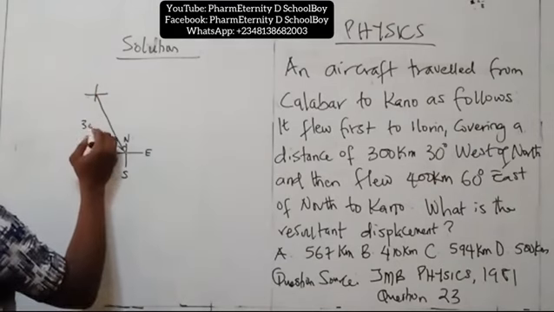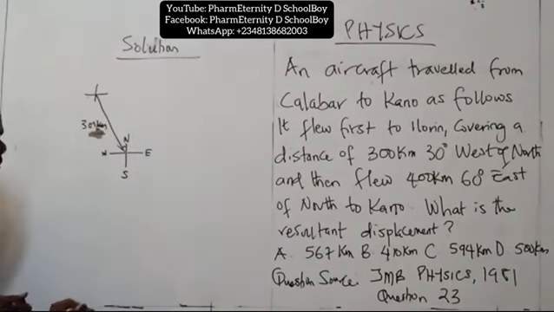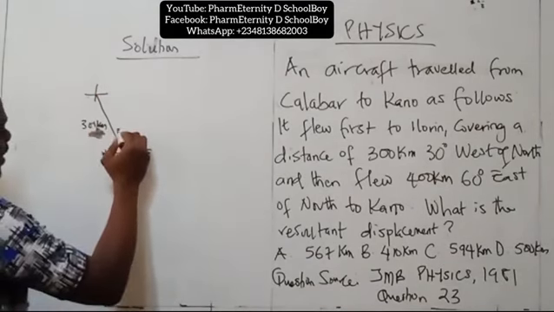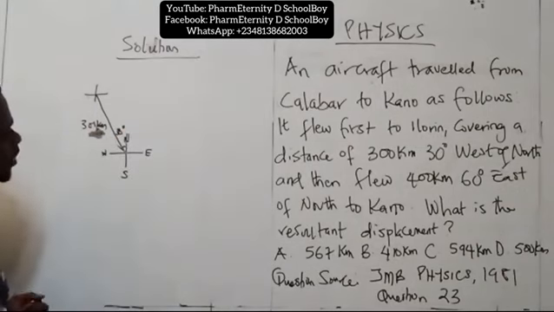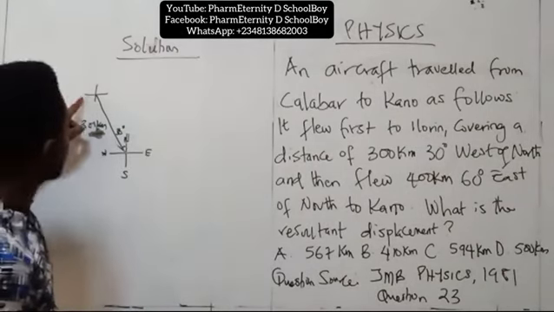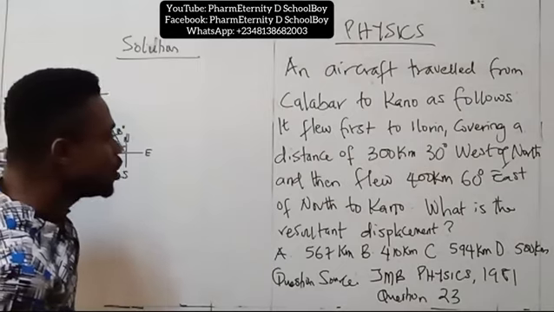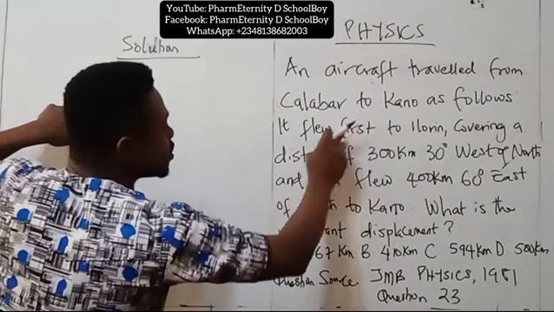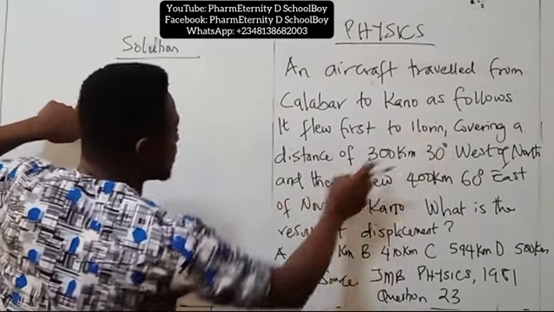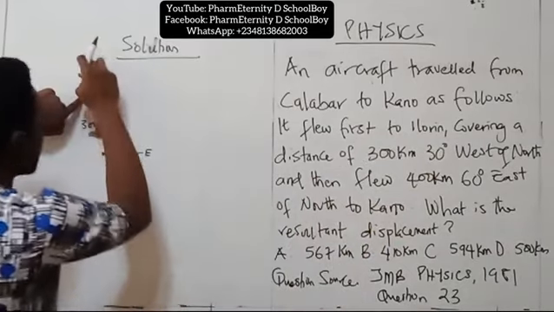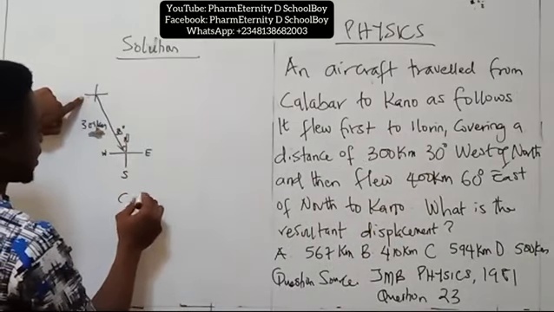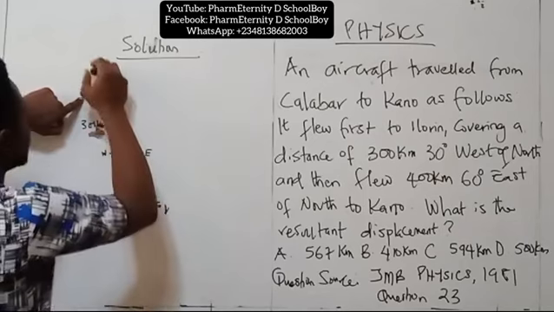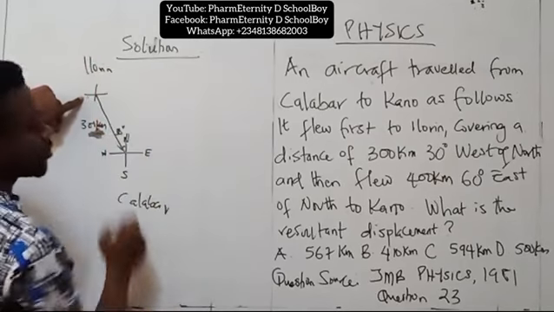This is 300 kilometers. This is 30 degrees. Now, when the aircraft got to this point, remember it flew first to Ilorin in this direction. So this is Ilorin. Here is Calabar. And here is Ilorin.